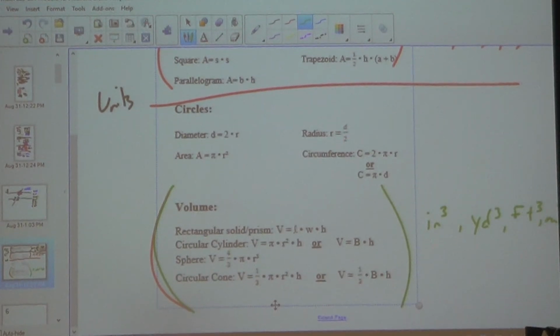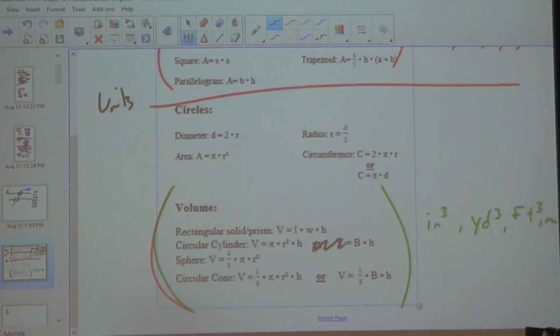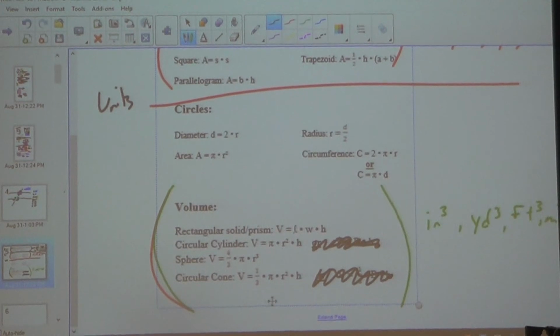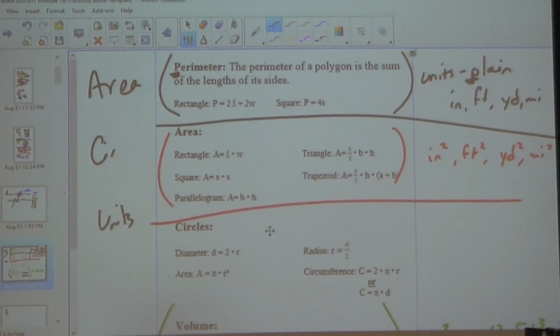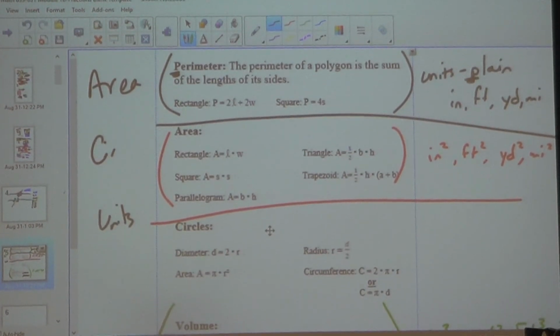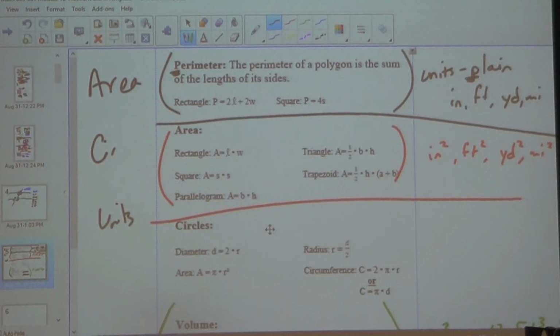Now, y'all, even though I gave you these formulas right over here, don't use those formulas. They're going to get you in trouble. I only put them there because Alex gave them to you. Use these that are up close and personal. Okay? Now, you need to know what the letters mean. B stands for the base.